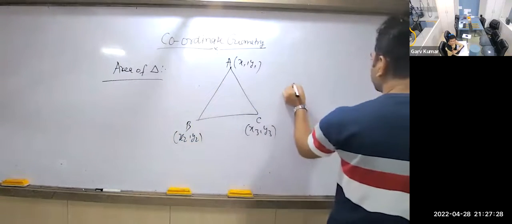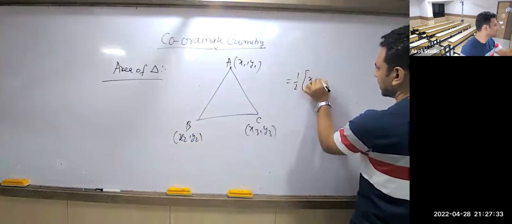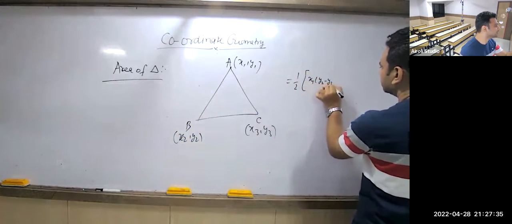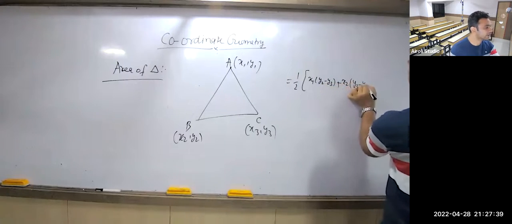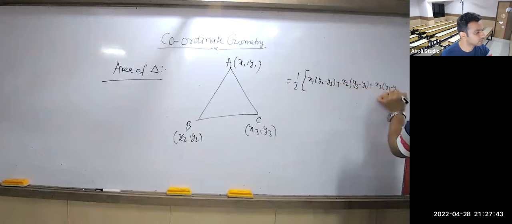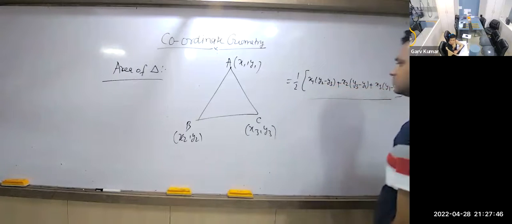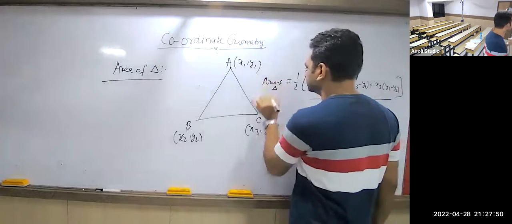The area will be equal to half of x1 times (y2 minus y3) plus x2 times (y3 minus y1) plus x3 times (y1 minus y2). This is the formula for the area of a triangle.